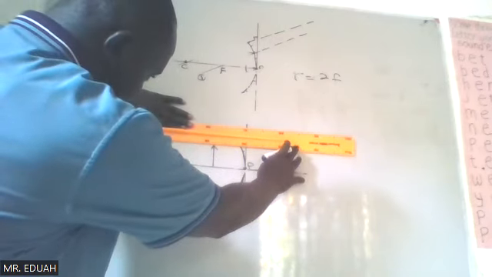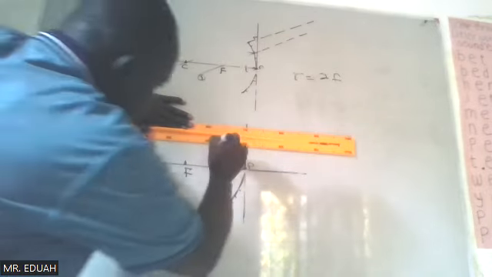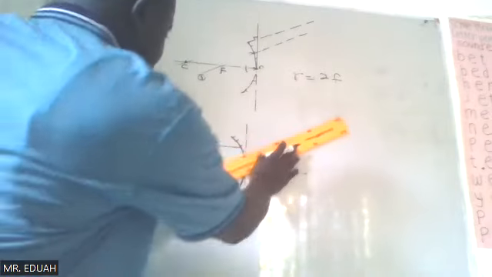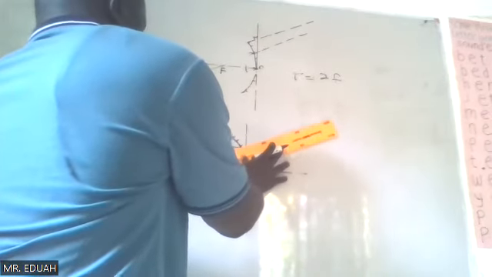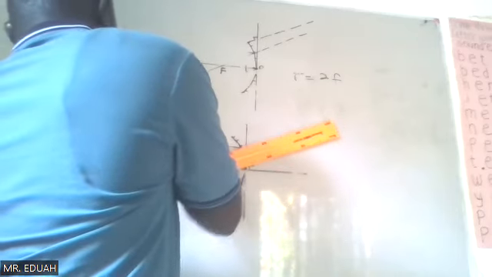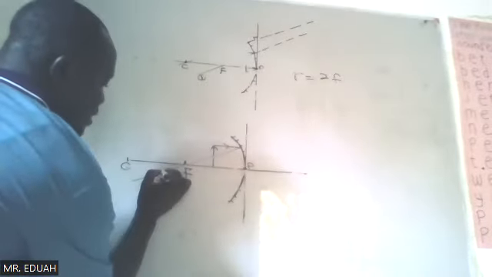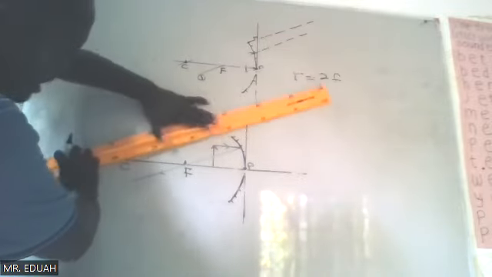A ray of light parallel to the principal axis after reflection must pass through F. And I need at least two reflected rays to converge or appear to converge to form the image.